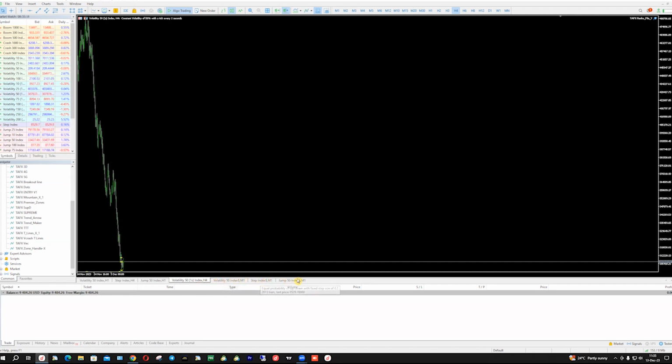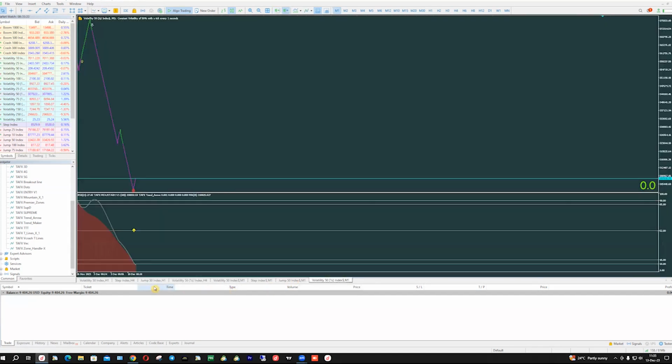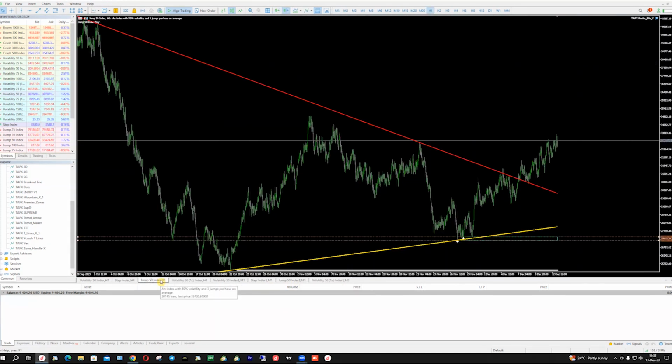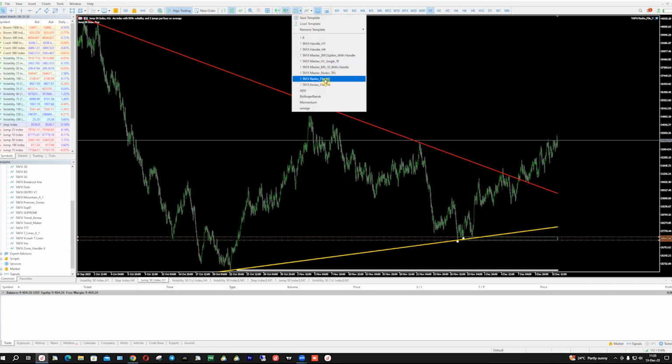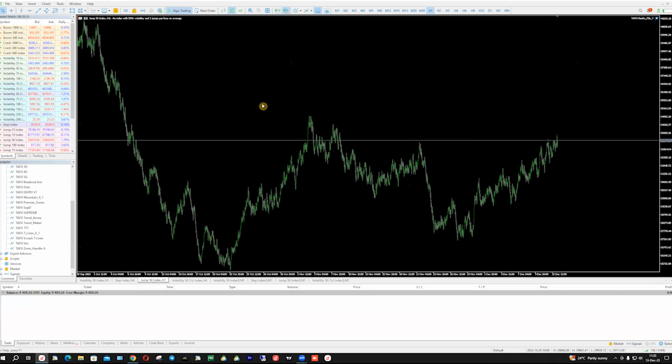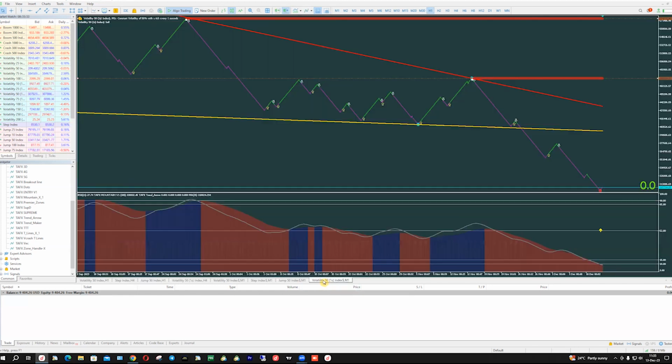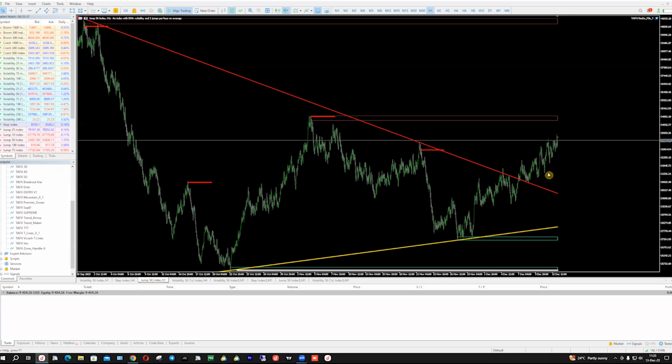All right, so let's go back to V10 and see what is happening here in Jump 50. All right, guys, so this is the 1 hour time frame, and this is the 1 hour time frame. So we check where the market is going. It's an up trade. You can see it's going up.